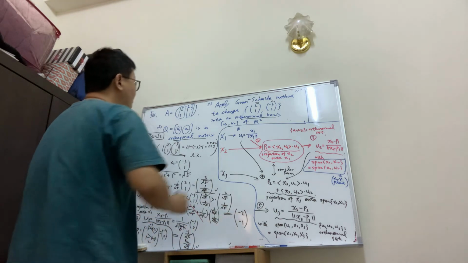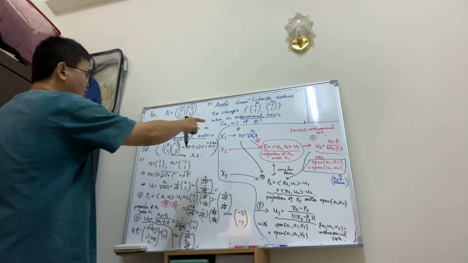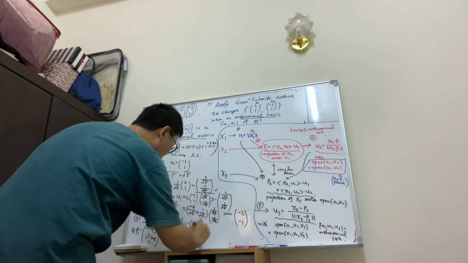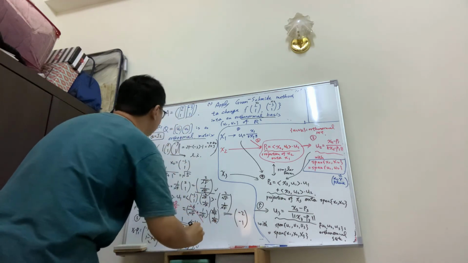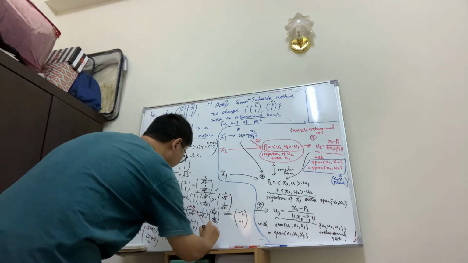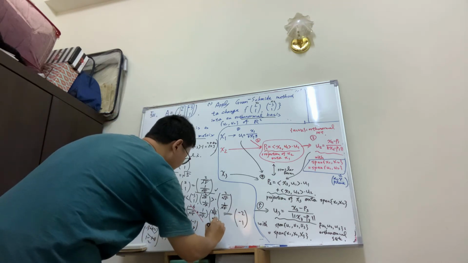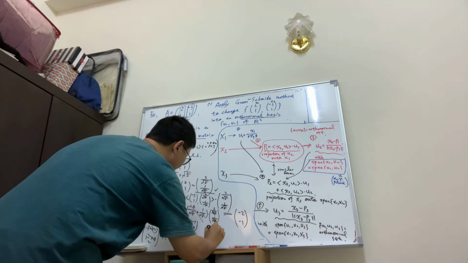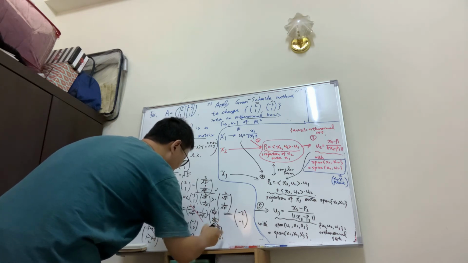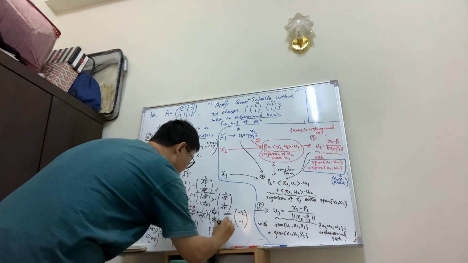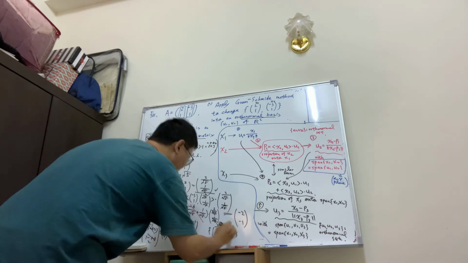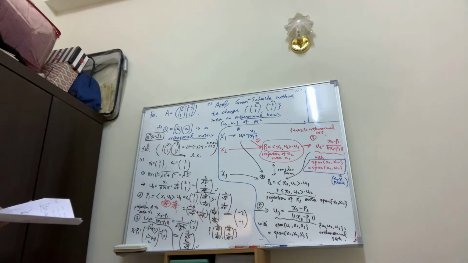So first question, U1, U2 is an orthogonal basis. Vector U1 is 2 over square root of 5, 1 over square root of 5, and U2 is negative 1 over square root of 5, 2 over square root of 5. Yeah, these two vectors.